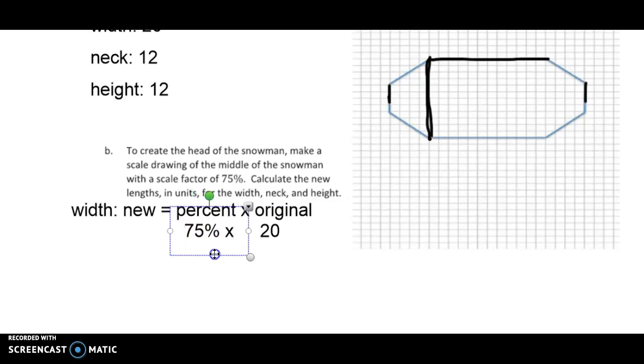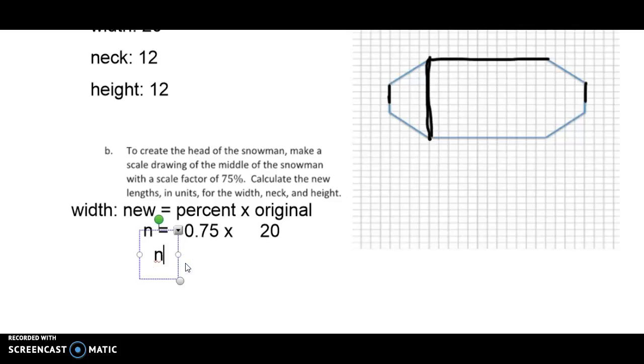If I'm going to shrink this down to 75% of the size, 0.75 of 20, that's going to be my new width, right? So this is just a calculator question here, right? 75%. If you're doing the mental math, that would be like 3/4, right?